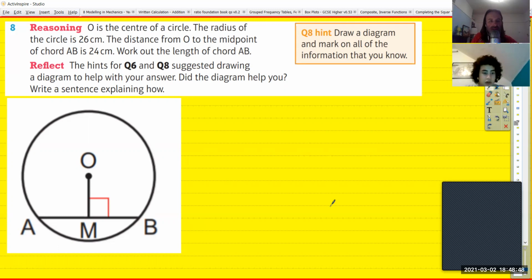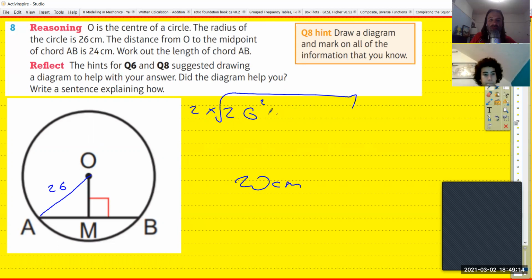Hold on. The radius is 26 and OM is 24. It's 10, so you would double it, it's 20. Yeah, great. You know what you're doing. So 2 times square root of 26 squared minus 24 squared.